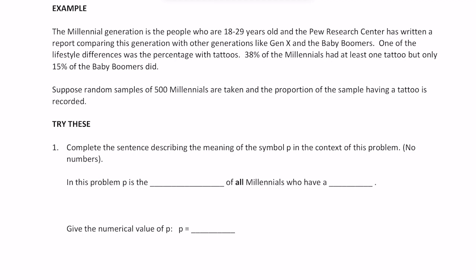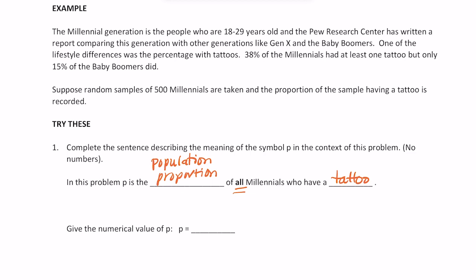We want to complete the sentence describing the meaning of the symbol P in the context of this problem. Okay, no numbers, so it's very important to be able to define and understand what P is. So in this problem, P is the population proportion, as opposed to the sample proportion, of all millennials who have a tattoo.